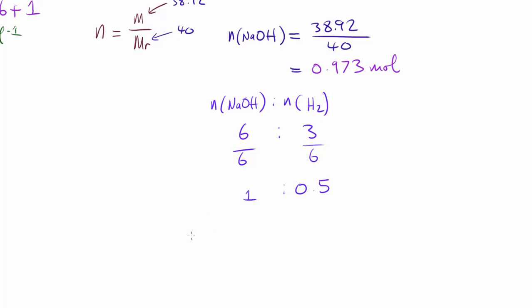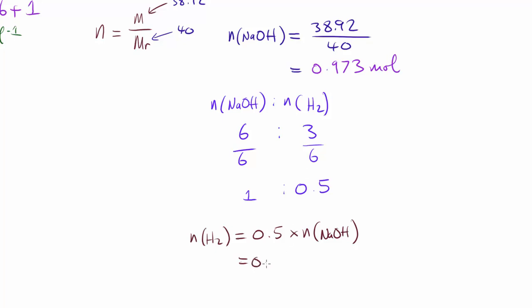In other words, the moles of H₂ is equal to 0.5 multiplied by the moles of NaOH, which, as we know, we've got the value of, which is 0.973.